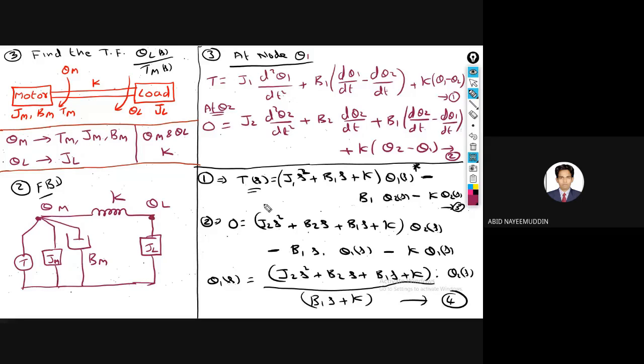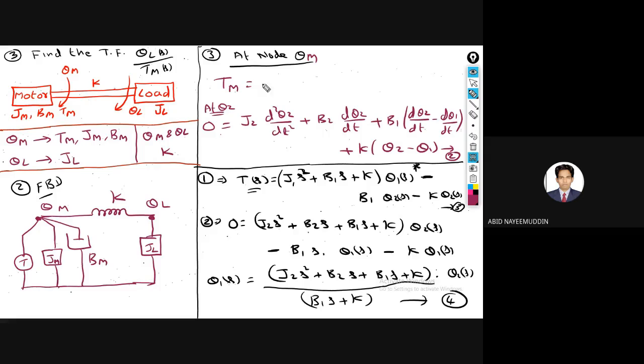Okay. Now writing the equation at node theta m, as usual. What will you get? So at node theta m, what you will get here?